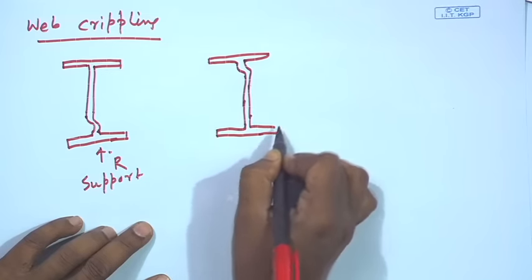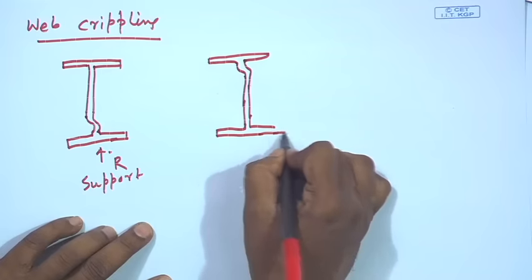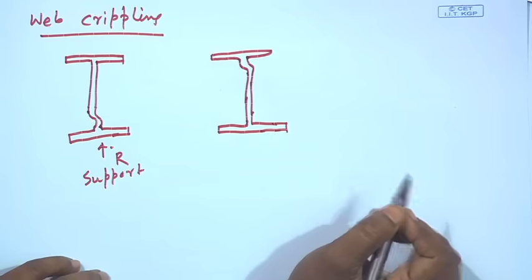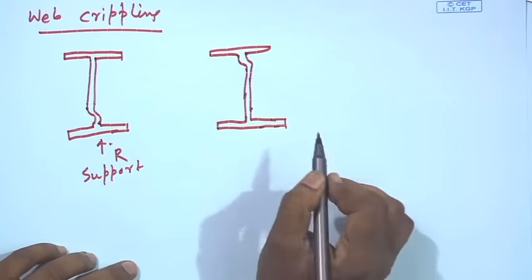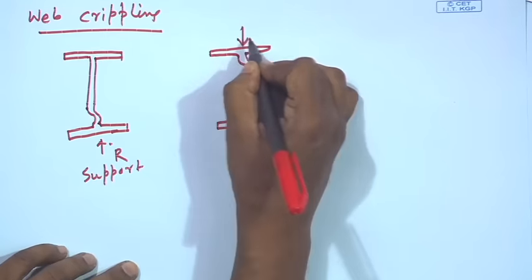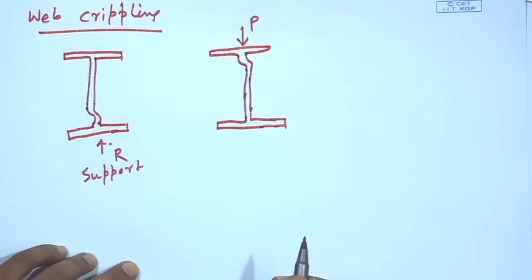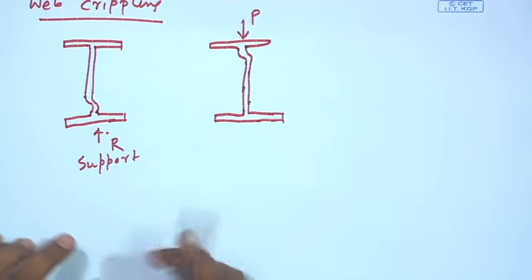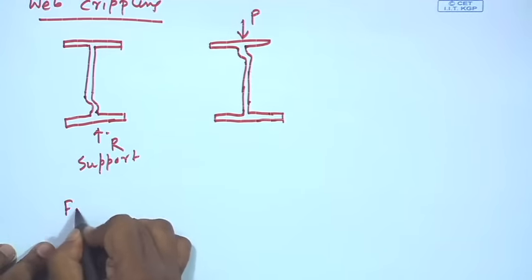So, now we have to find out the web crippling strength, so that we can design accordingly, right. So, here the concentrated force is P. Now, to know this, we have to find out the Fwc.